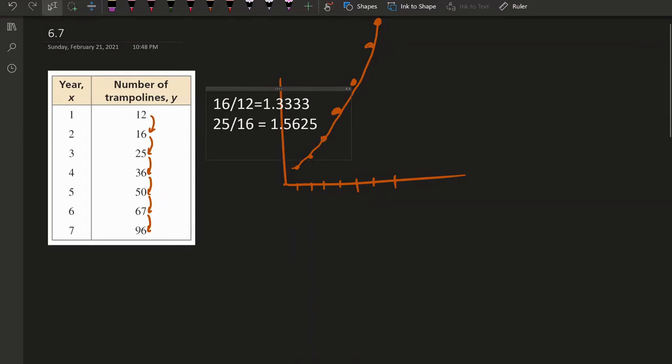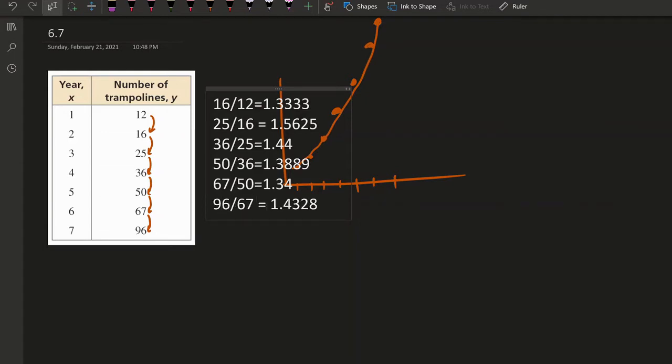So let me do the same thing again. 36 divided by 25, 1.44, again close, but not perfect. 50 divided by 36, 1.38. 67 divided by 50 is 1.34, and then 96 divided by 67 is equal to 1.43. So all of these are pretty close, but they're not exact.